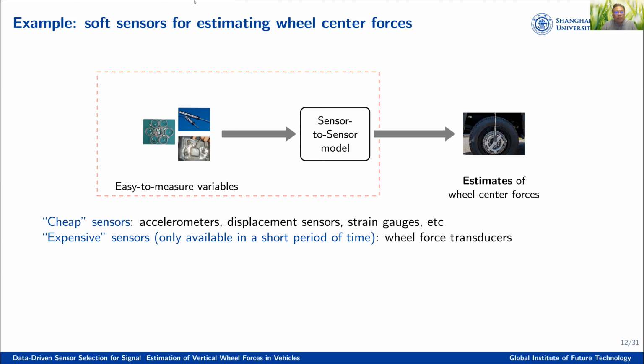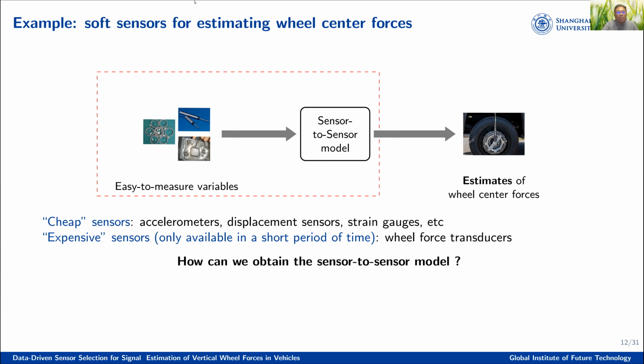So in this case, the main idea is that we try to use easy-to-measure variables like displacement and acceleration to estimate the wheel-center forces through sensor-to-sensor modeling. This is the main idea that we use in this work.